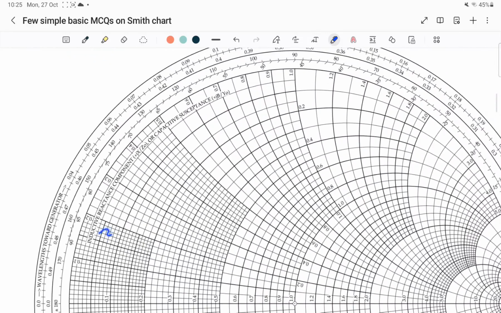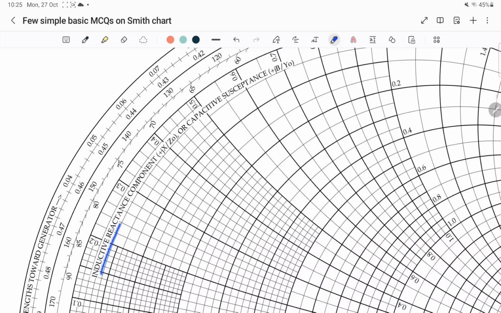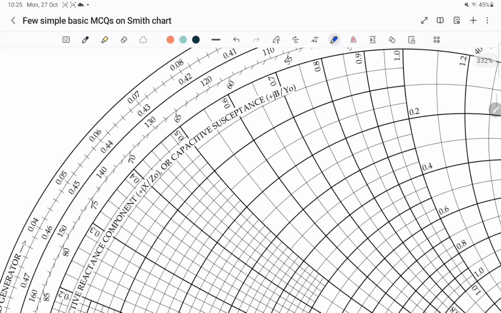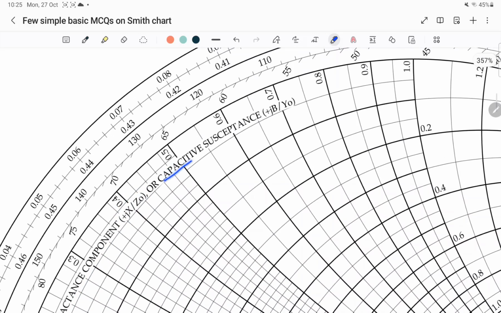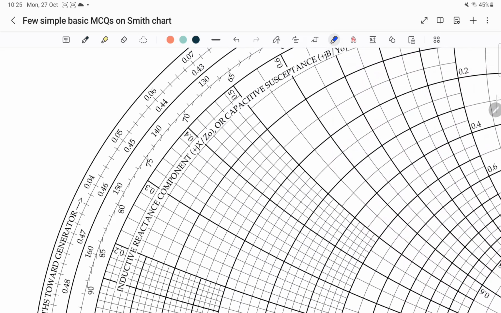Next, we will see these measurement scales. Let me zoom it further. It says inductive reactance component plus jX over Z0 or capacitive susceptance plus jB over Y0. So this is inductive reactance component plus jX over Z0.